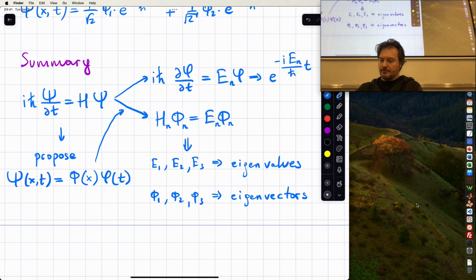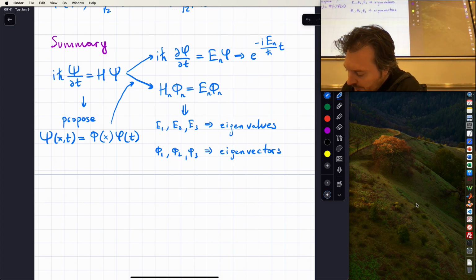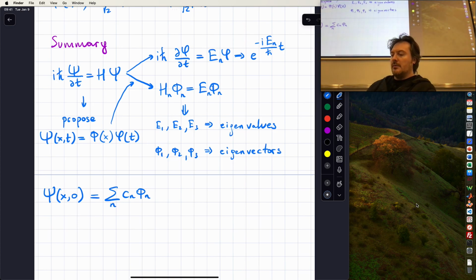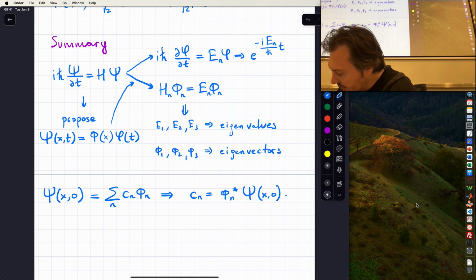And you basically represent the initial function as the sum of Cn times phi n. Hence, you get Cn's to be the integral of phi n star psi of x,0.